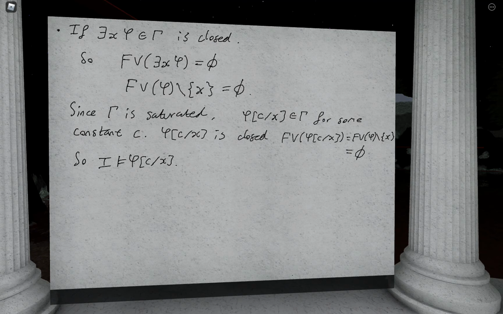And so now I just need to use these facts to show that I makes exists x phi true. And so I need to just pick a valuation and show it's true in that valuation.